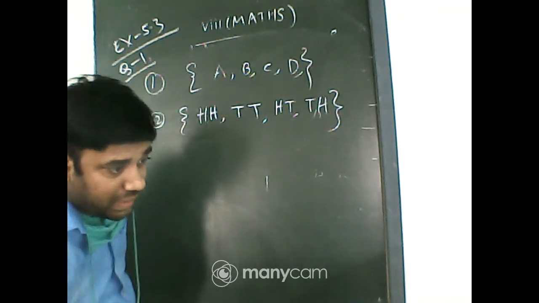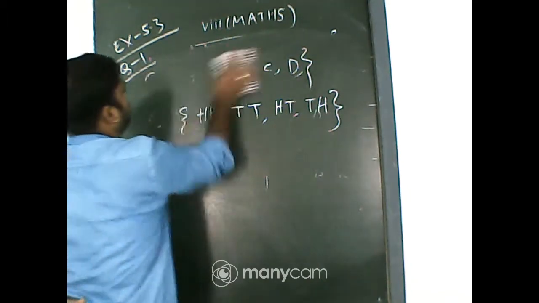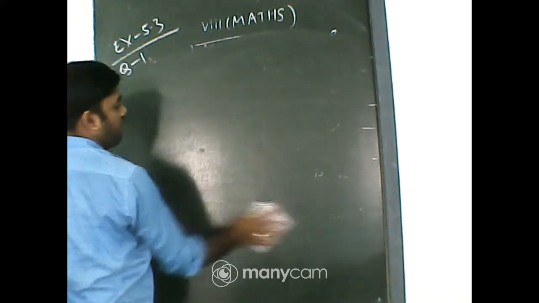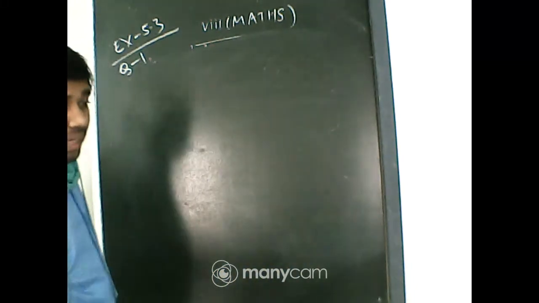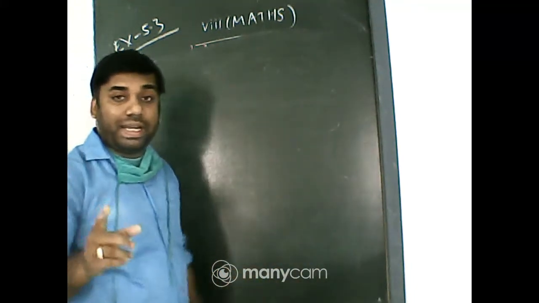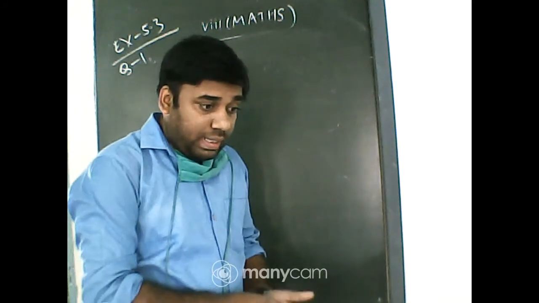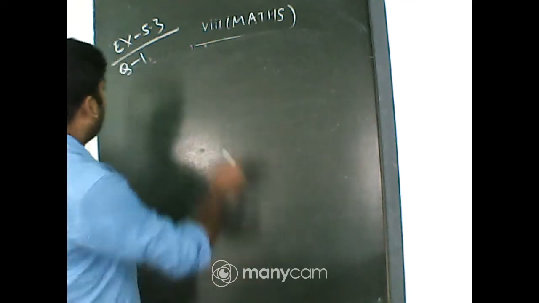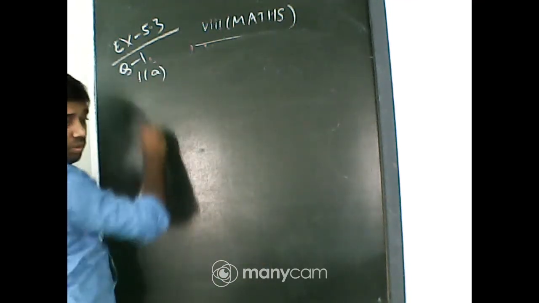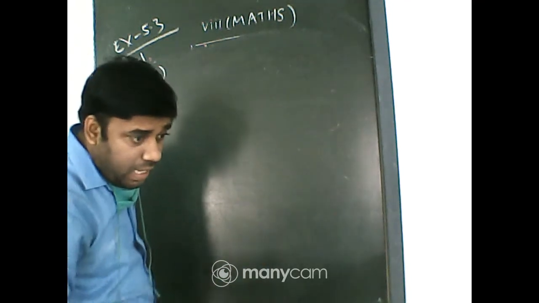Okay. Next question, question number 2. When a die is thrown, list the outcomes of getting a prime number. So 1A, that is prime number.